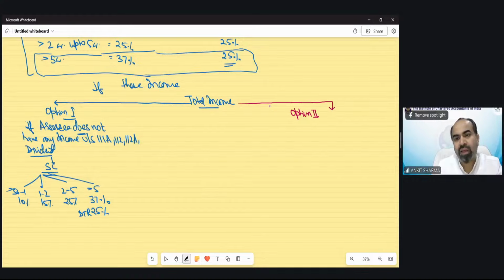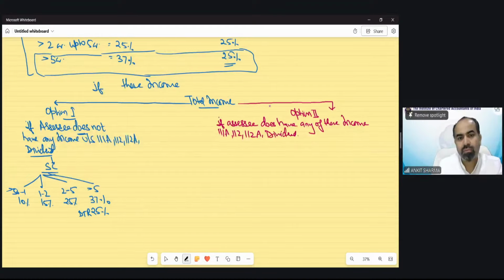So option 2 says if the assessee does have any of these incomes, maybe only section 111A or 112, etc., any of these incomes, 111A, 112, 112A or dividend, then the surcharge scenario will be changed.